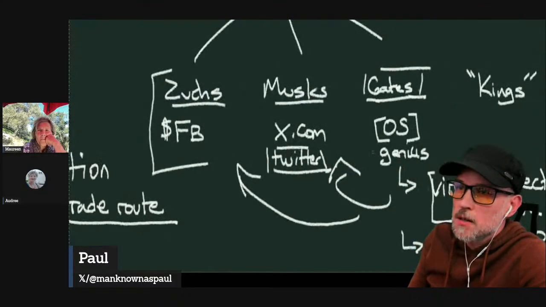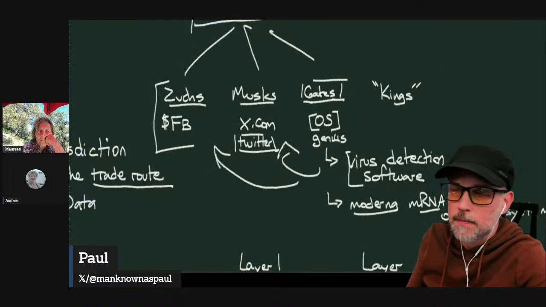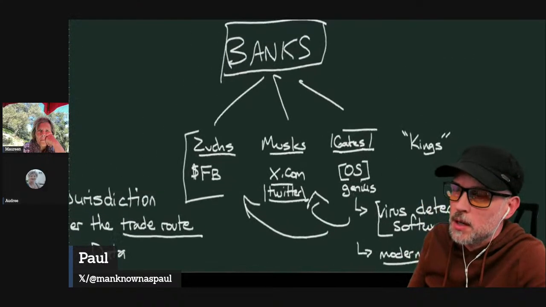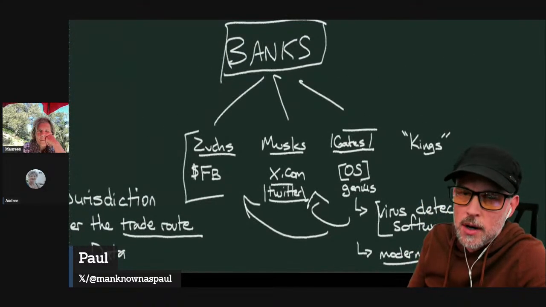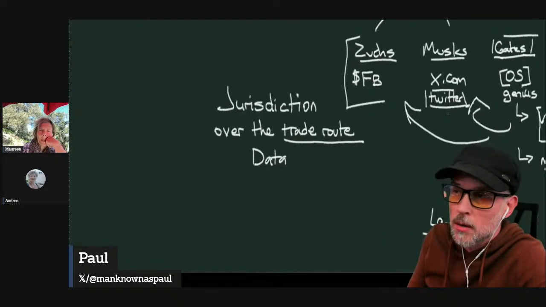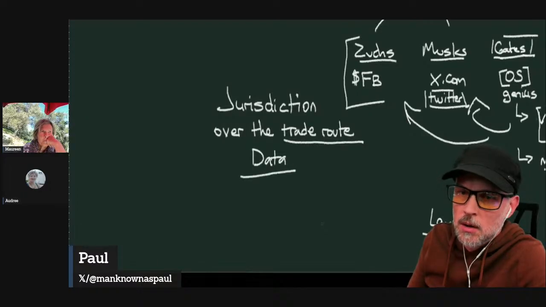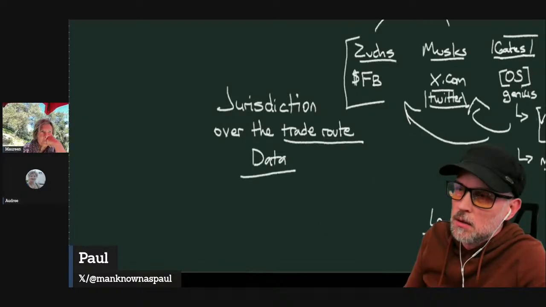So if that's the case, these guys are taking over the world because everybody thinks that we have to use them to transmit data. We need to use them as the trade route. If we don't use them, how are we going to have a trade? What trade route would we use? Yeah, that's the thing.